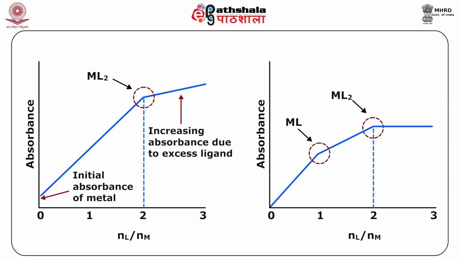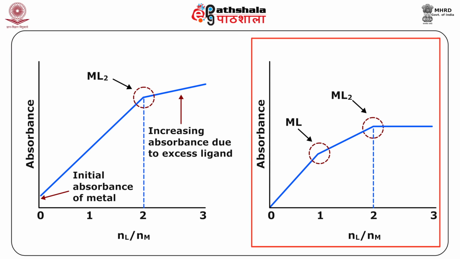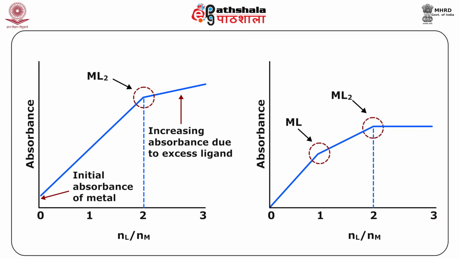Figure 2 represents the mole ratio plot for the formation of (A) a 1:2 complex with excess of ligand and (B) the stepwise complex formation with increasing mole fraction of the ligand.